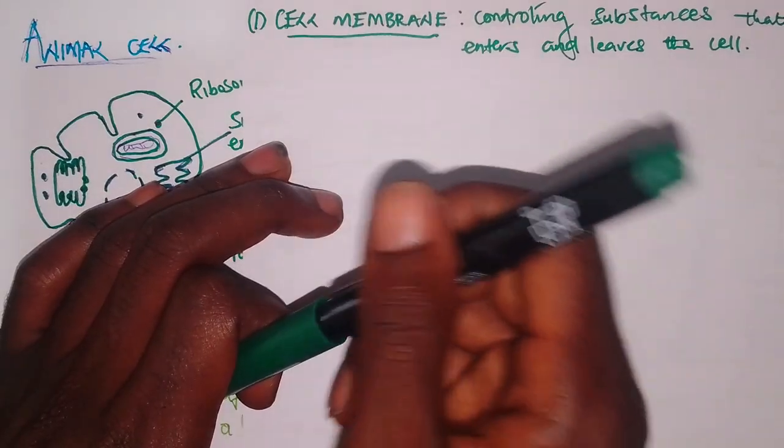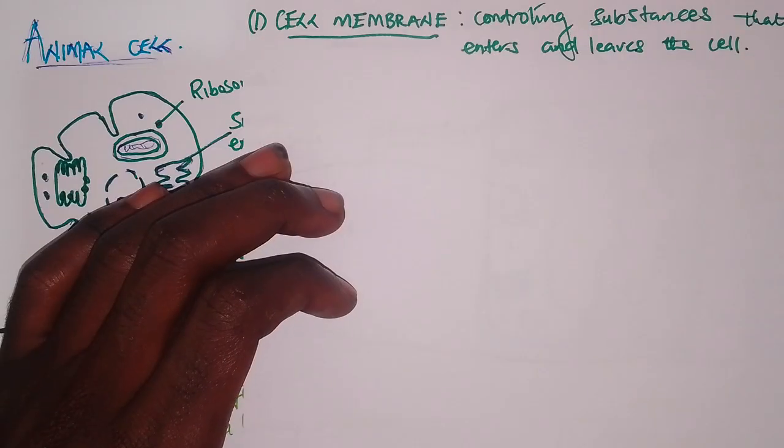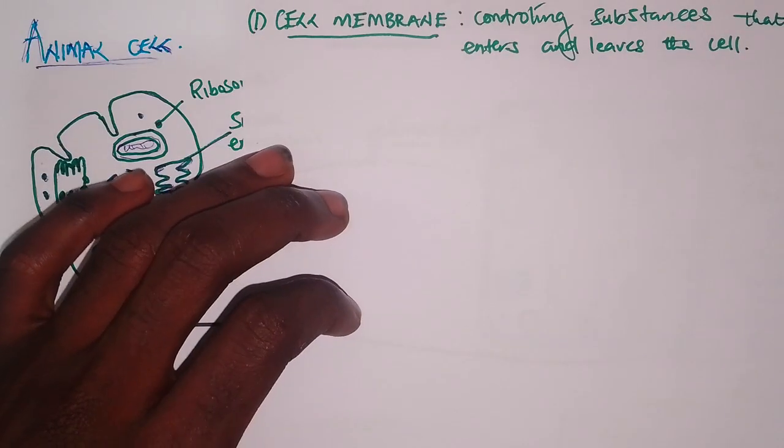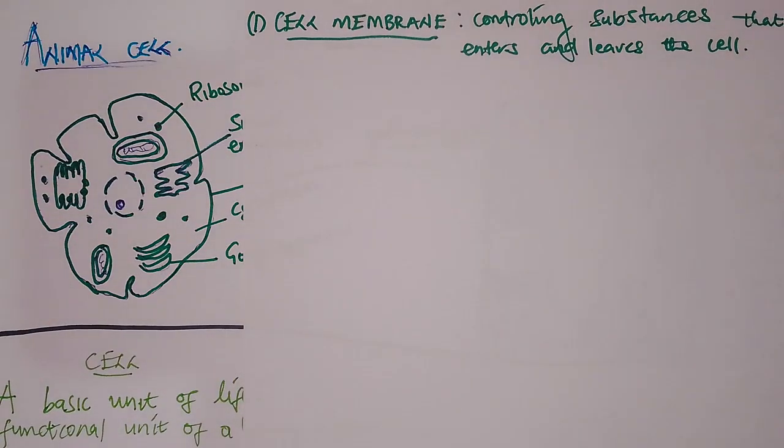This cell membrane is very selective. What do we mean it is very selective? It only allows certain substances to cross and does not allow other substances to cross.